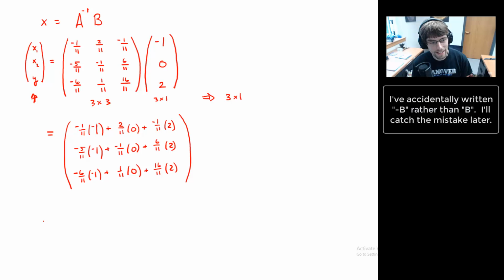Okay, and, drum roll. Here we go. We have 1 over 11 minus 2 over 11, so I should have a -1 over 11, unless I've botched something. I hope not.